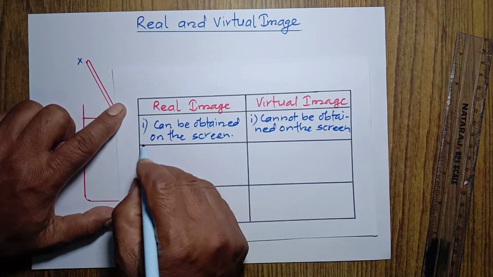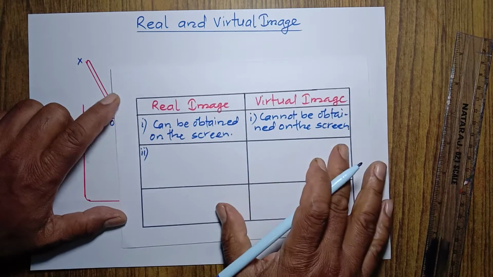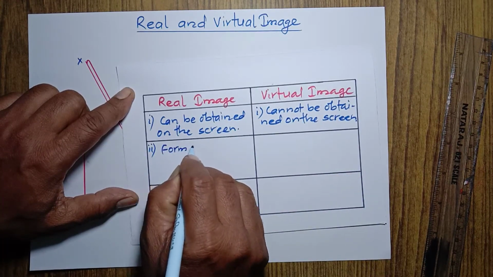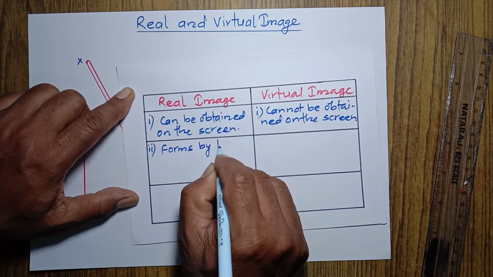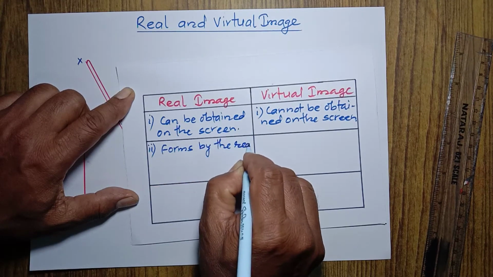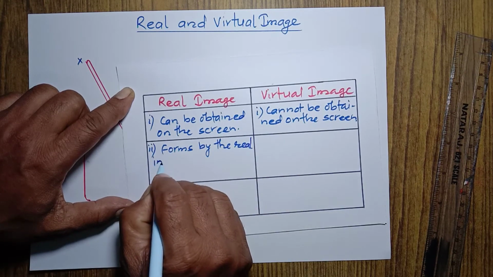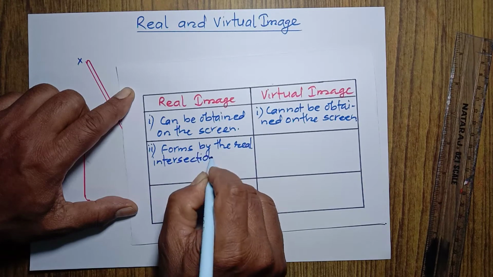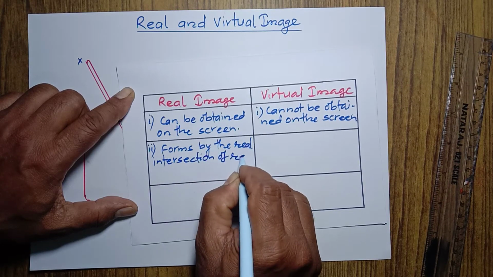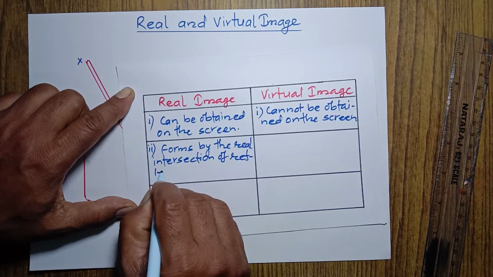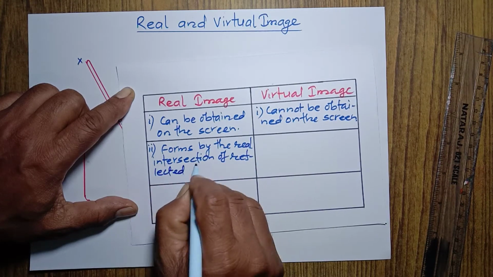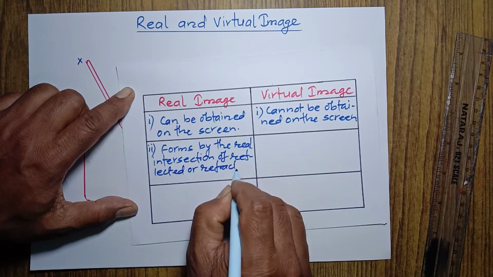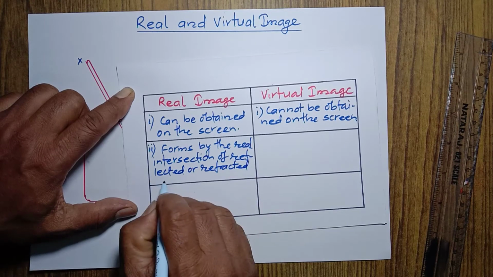That's why the second major difference between real and virtual image is: forms by the real intersection of reflected or refracted rays of light.